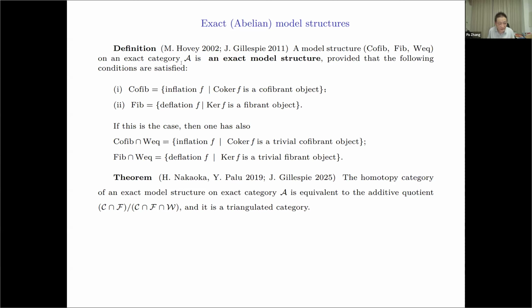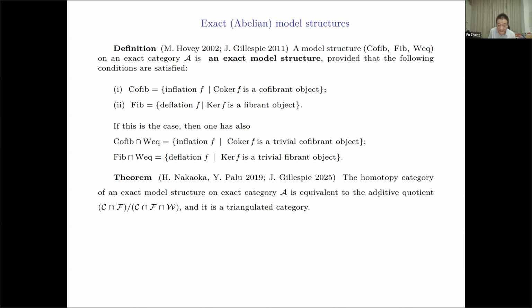But this special model structure is of great importance because of this result: the homotopy category of an exact model structure on an exact category is clear.